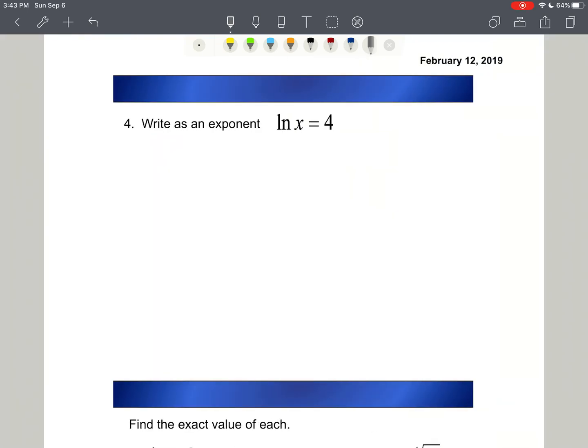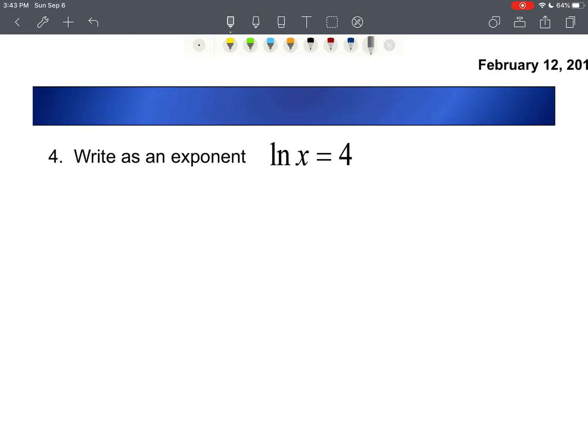So let's look at when we have a natural log. Let's write as an exponent. We have natural log of x is equal to 4. Remember that the natural log, ln, is the same thing as log base e. So when I first start becoming acquainted with logarithms, I'll rewrite this so that I can see the base.